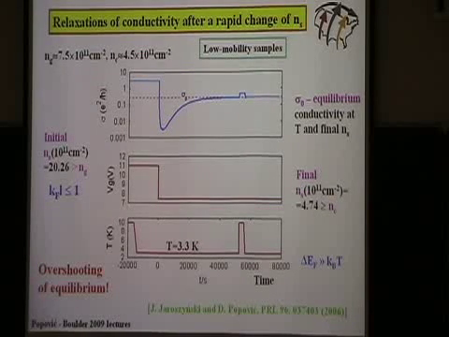We are not quite sure why this is the case, but one reason may be that this change of temperature is very small compared to the Fermi energy, the relevant energy in the system. So maybe this is a very small perturbation. And this is why I have this here, to show you that when you change the density, it is a very large perturbation. So this may be one reason.